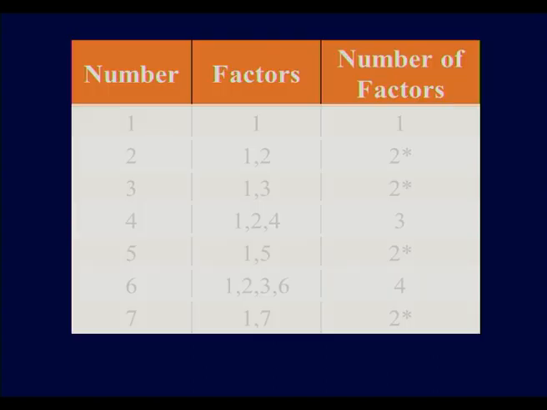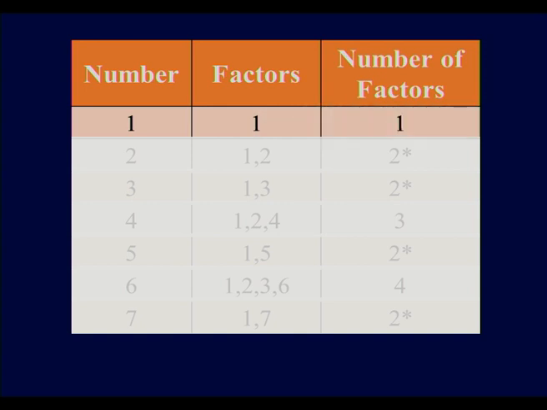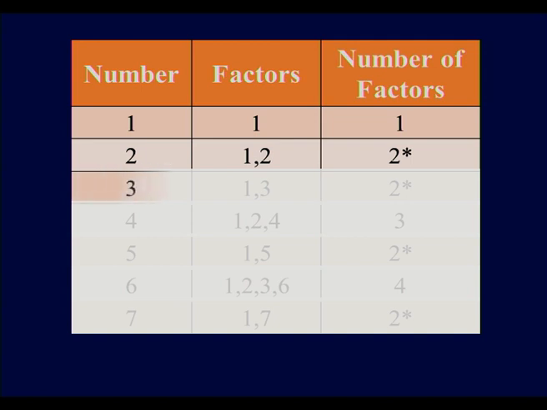So, let us consider a table where here you can see the number divided into factors and the number of factors of that particular number. So, let us start with 1, the factor is 1 and number of factors are 1. Next, the number is 2, factors are 1 comma 2 and you have number of factors 2. Next number is 3, the factors of the number 3 are 1 and 3 and number of factors are 2.